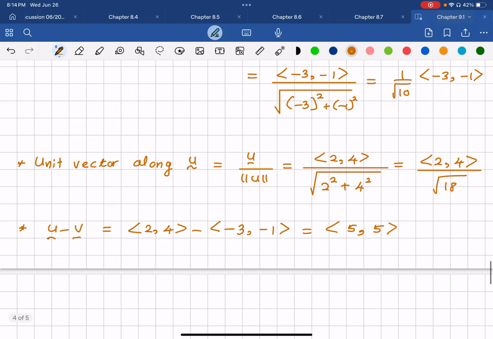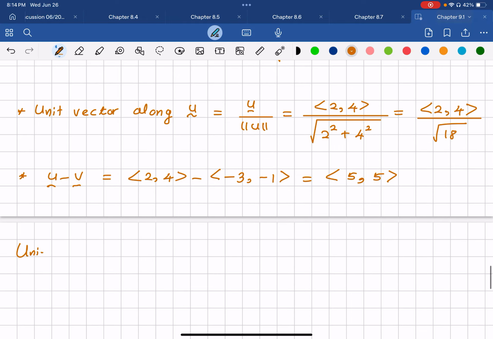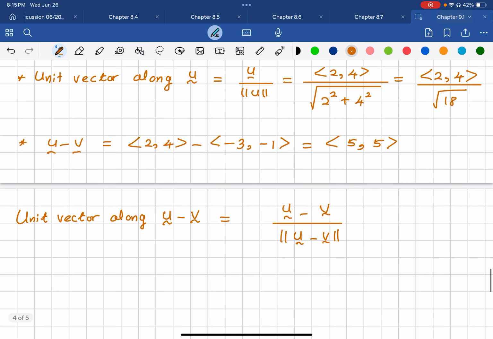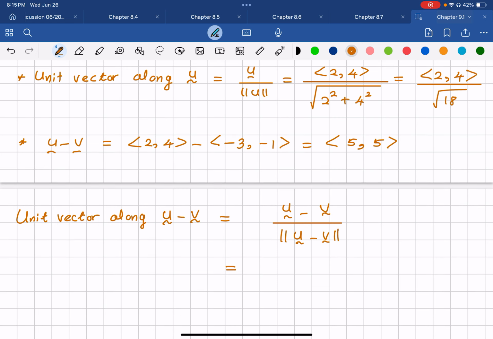Now what is the unit vector along u minus v? It is given by u minus v divided by the norm of u minus v. U minus v is going to be 5, 5, and norm of u minus v is going to be the square root of 5 square plus 5 square.